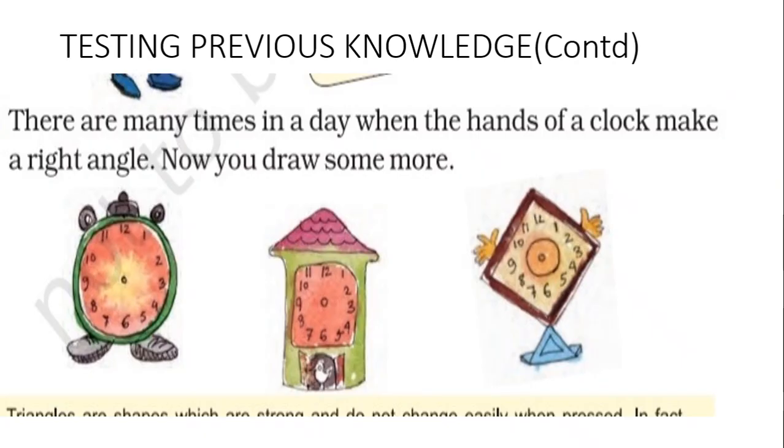Let's revise some more. Children, there are many times in a day when the hands of a clock make a right angle. Can you tell me some of those times? Think of it. Yes, the first one is 3 o'clock.